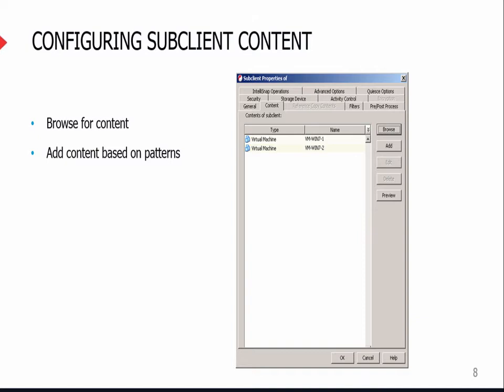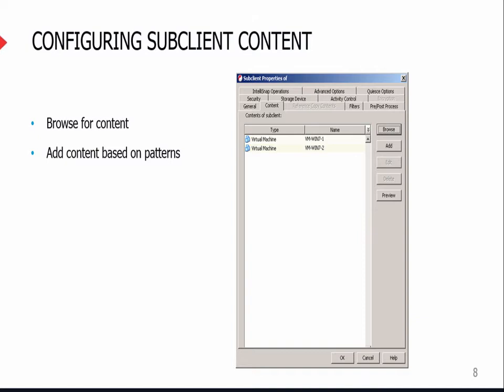You can select objects such as Data Center, Cluster, Resource Pool, vApp, Folder, etc. When you select a vCenter object, all of its child objects are automatically selected for backup as well. For example, if you select a resource pool, all the virtual machines in the resource pool are automatically selected for backup within that subclient.